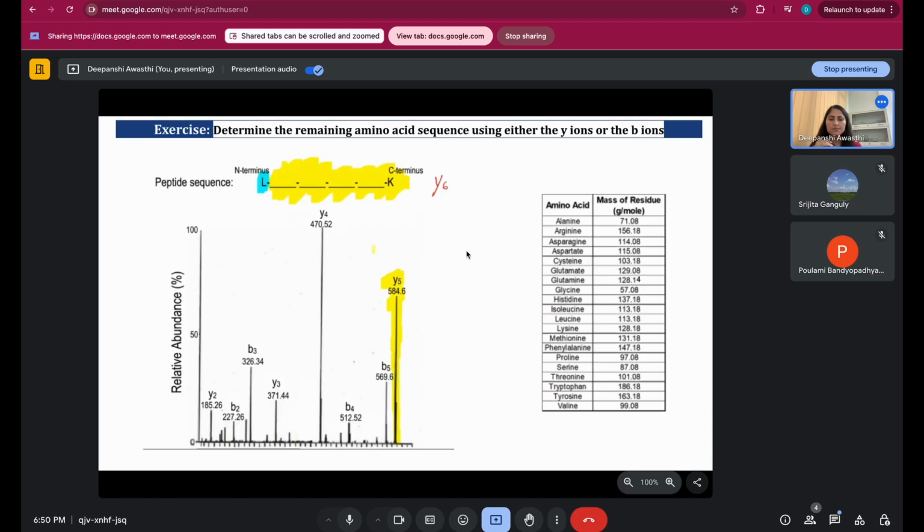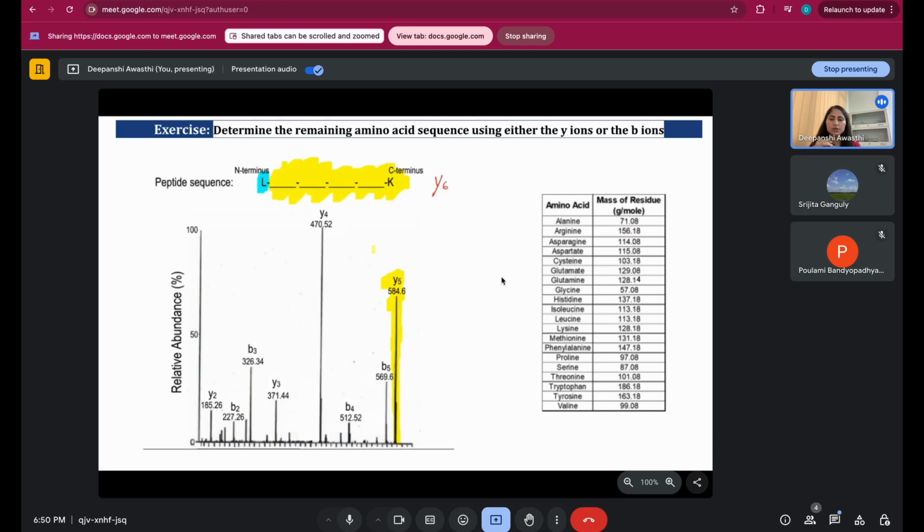Now let's begin. Whenever we say Y6, it means it contains 6 residues from the C terminal. Y6 ion is not given here, but if it were, it would correspond to the molecular weight of this entire peptide sequence.